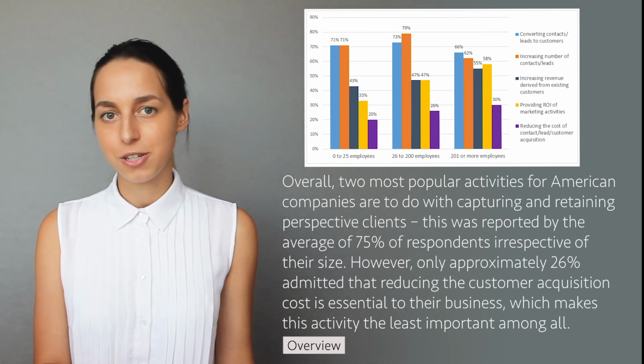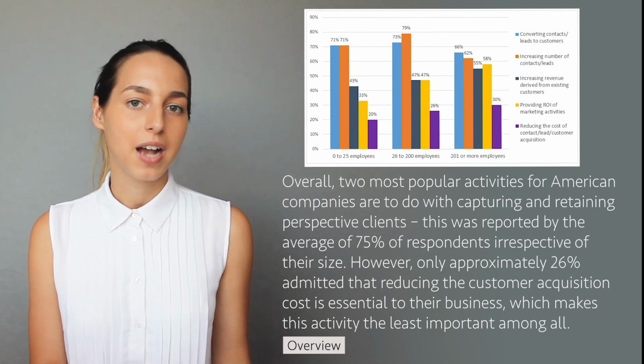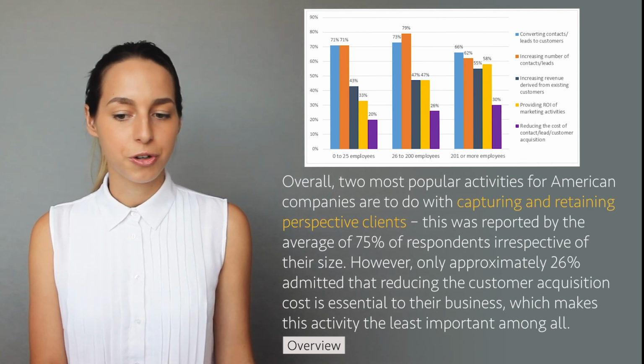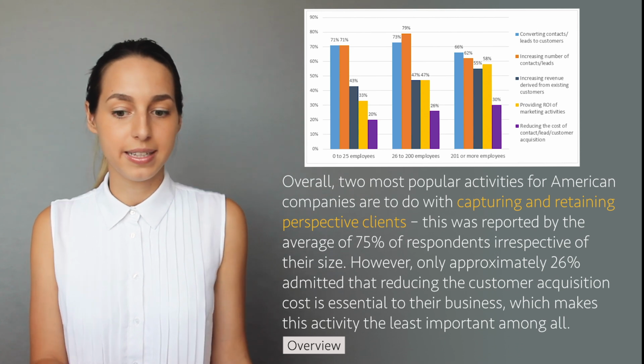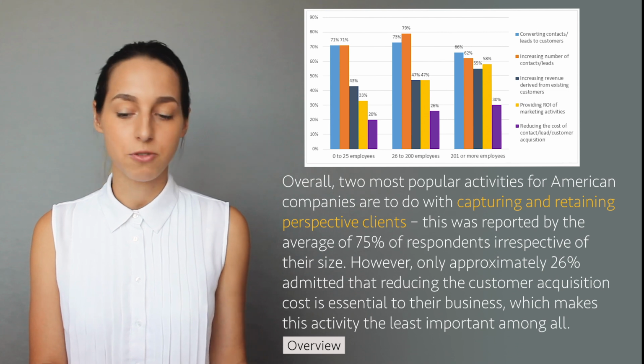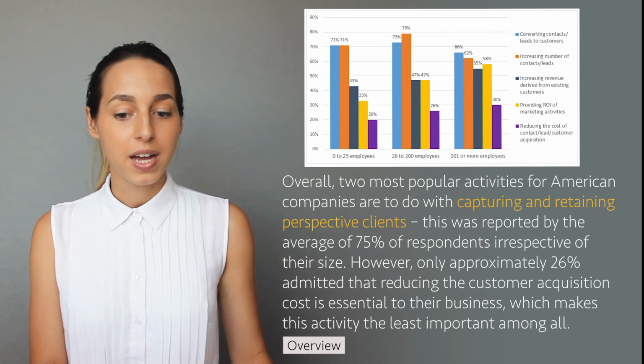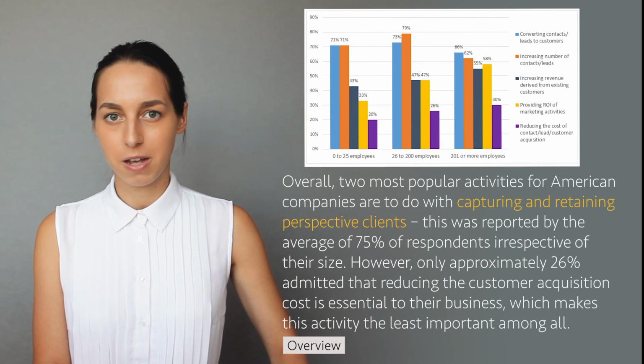So I grouped the information, and in the first sentence I have the companies that think that capturing and retaining prospective clients is the most important activity, and obviously that's the most of the companies, irrespective to their size. And then I use the average of 75% here.